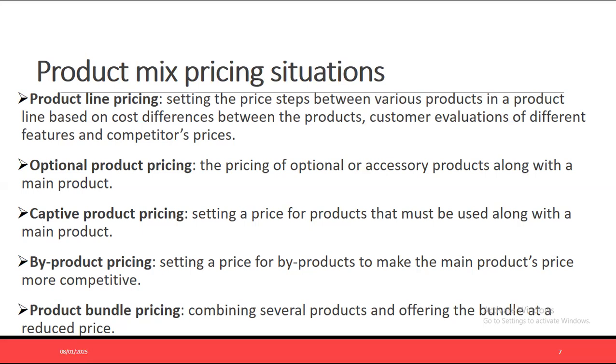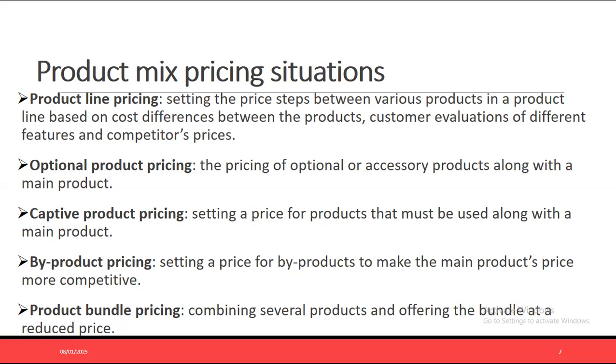So the first one we look at is the product line pricing. The product line pricing sets the price between various products in a product line based on cost differences between the products, customer evaluations of different features, and then competitors' prices.